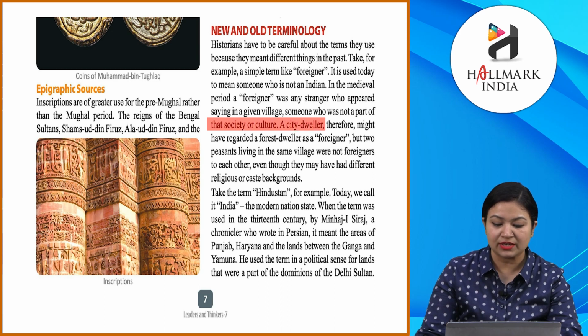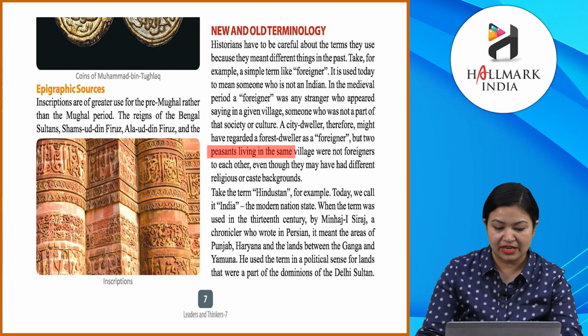A city dweller therefore might have regarded a forest dweller as a foreigner. But two peasants living in the same village were not foreigners to each other, even though they may have had different religious or caste backgrounds.